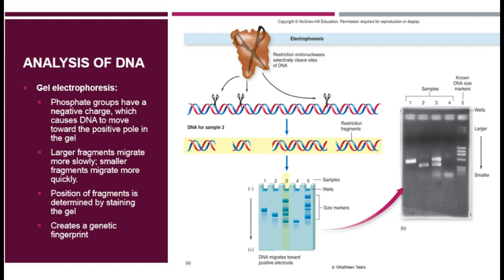Usually a marker is added to the gel, and that marker helps us to know what the size of each fragment is, so we can compare the DNA sample fragments to the known marker fragments, and that helps us to determine the size of each fragment.